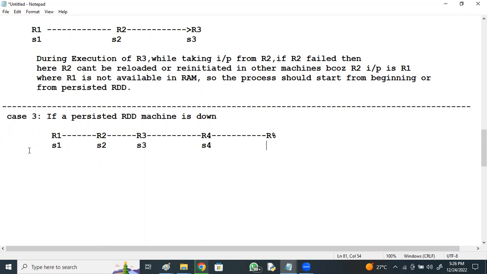S1, S2, S3, S4, S5, five systems, five RDDs. R3 is persisted.